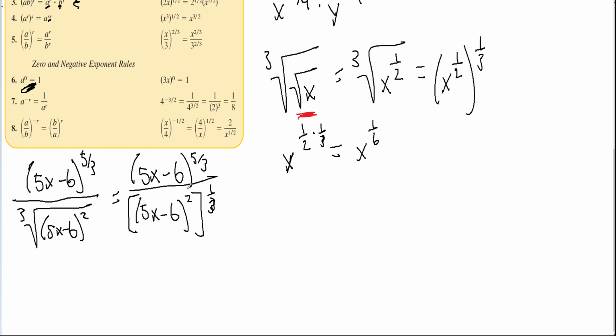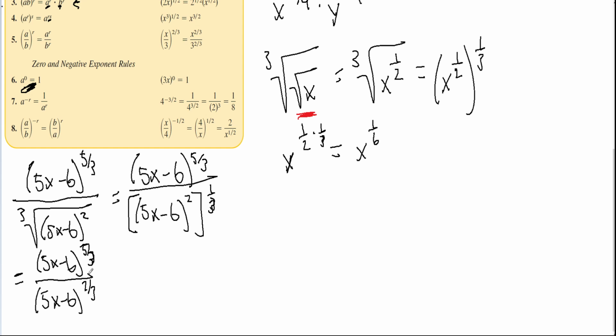So I multiply 2 times 1/3, and what I will get is, if I write it down here, 5x minus 6 still in my numerator, raised to the 5/3, fix that 5 there too. So I have 5x minus 6 raised to the 2/3 power, okay?